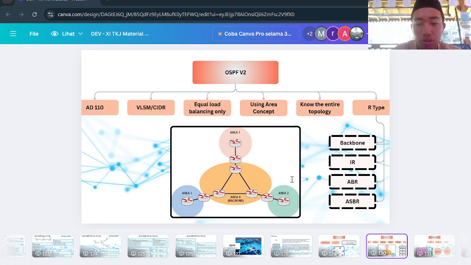ABR, area border router, connects multiple areas, including area 0. So area 1 to area 3, that we call ABR, connects to area 0. And ASBR, or autonomous system boundary router, redistributes external routes from BGP, RIP, or EIGRP.